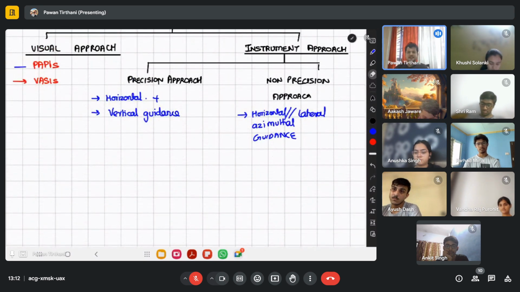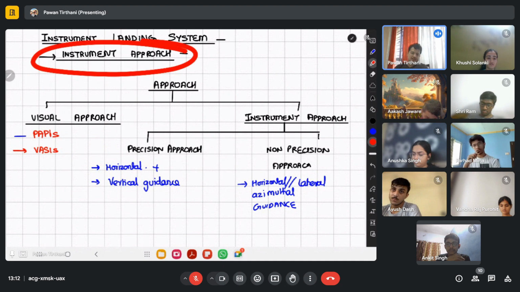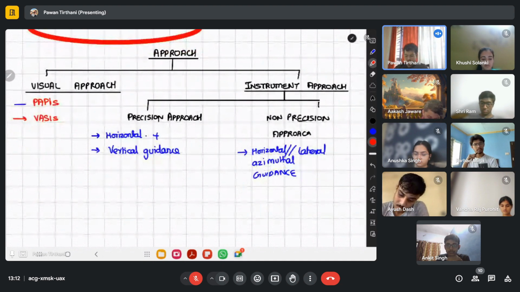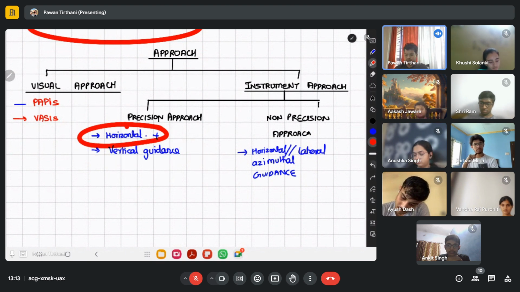So this is the difference between a precision approach and a non-precision approach. ILS is a precision approach landing system. It helps us fly a precision approach. It gives us both horizontal guidance and it gives us vertical guidance as well.